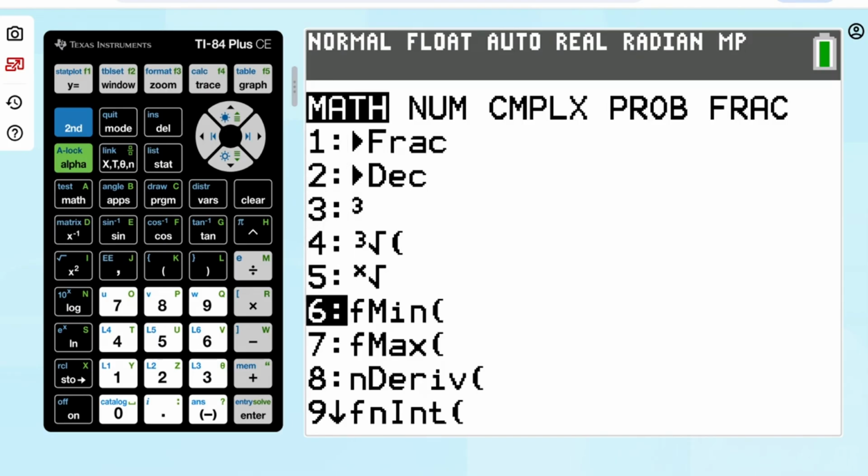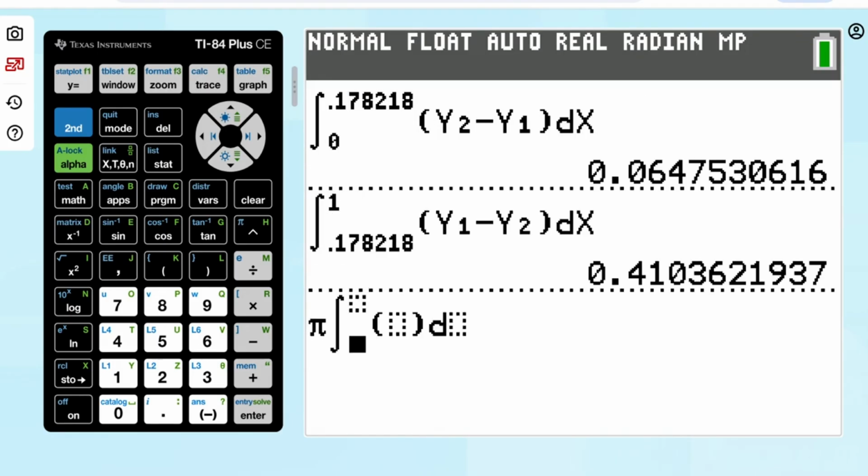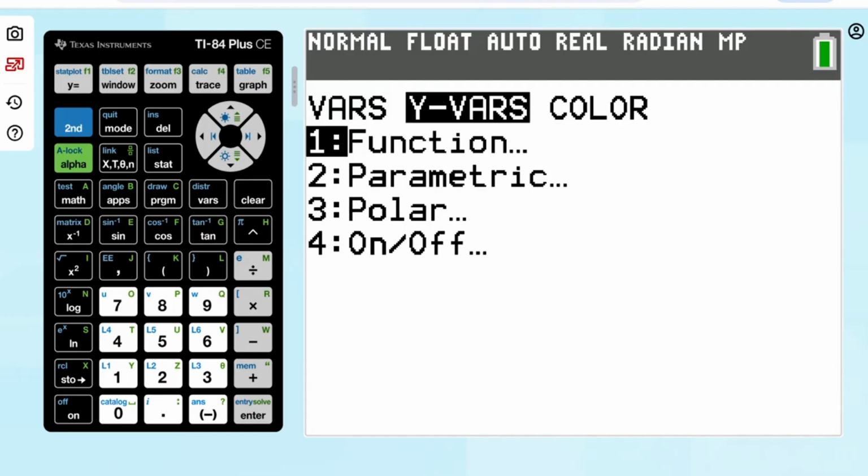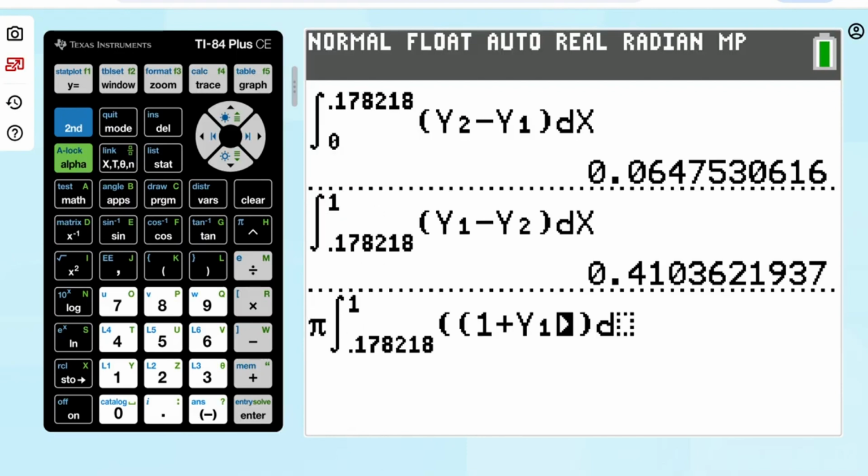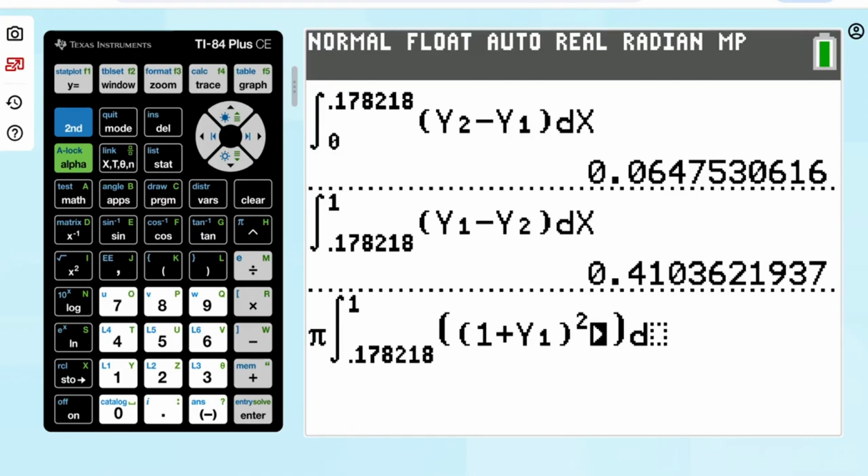Math option number 9 to get your integral. We're going to go from 0.178218 again up to 1. And now inside of our integral, I'm going to make a new parenthesis for my first radius, which was 1 plus f of x. So we'll go in that same way we've been doing, VARS over to the second column, function number 1. And we'll square that.